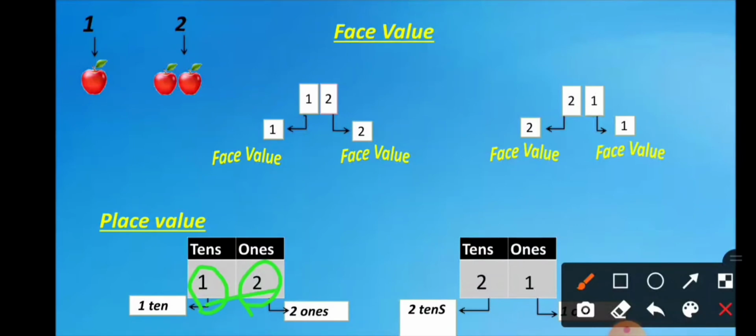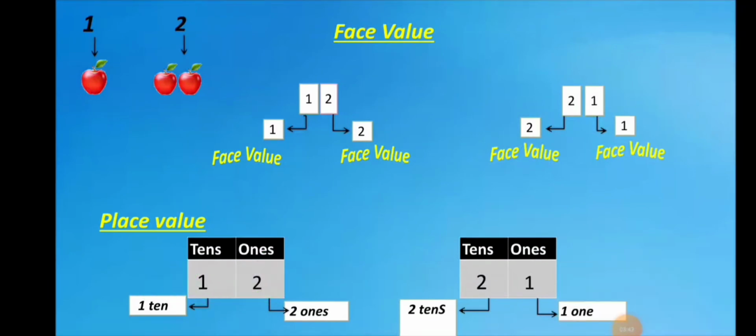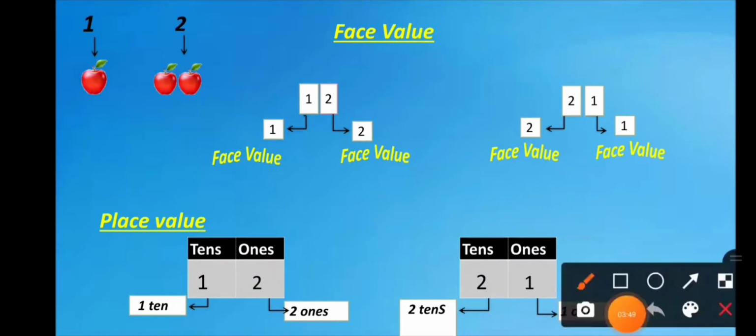So, the place value of 2 is 2 ones and place value of 1 is 1 ten. Okay. Now, in second example, 21, the 2 is on tens place and 1 is on ones place.